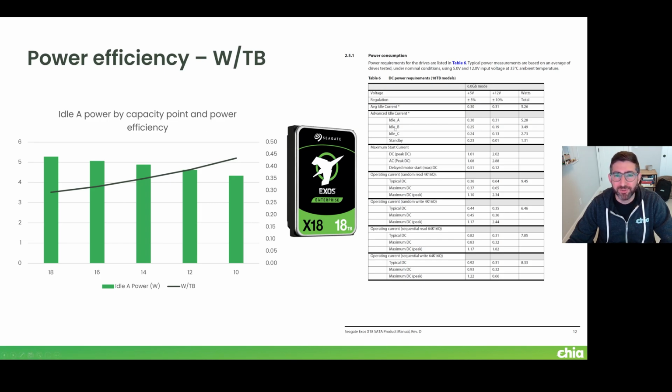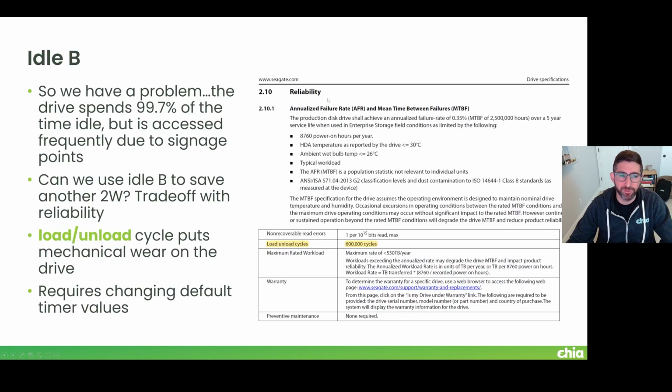So this is not a tremendously high power workload. So the idle A is actually a pretty good approximation for the power consumption in Chia farming. It's going to be almost spot on to what the idle A power is measured.